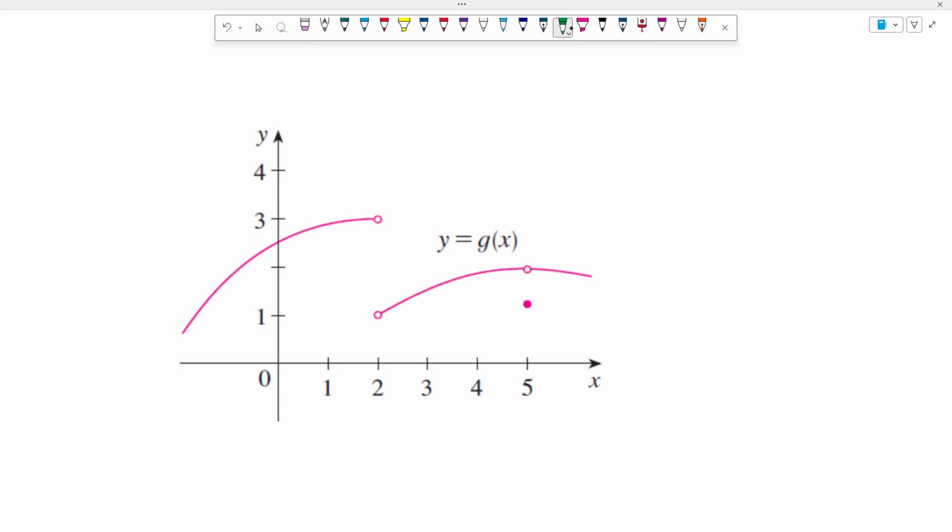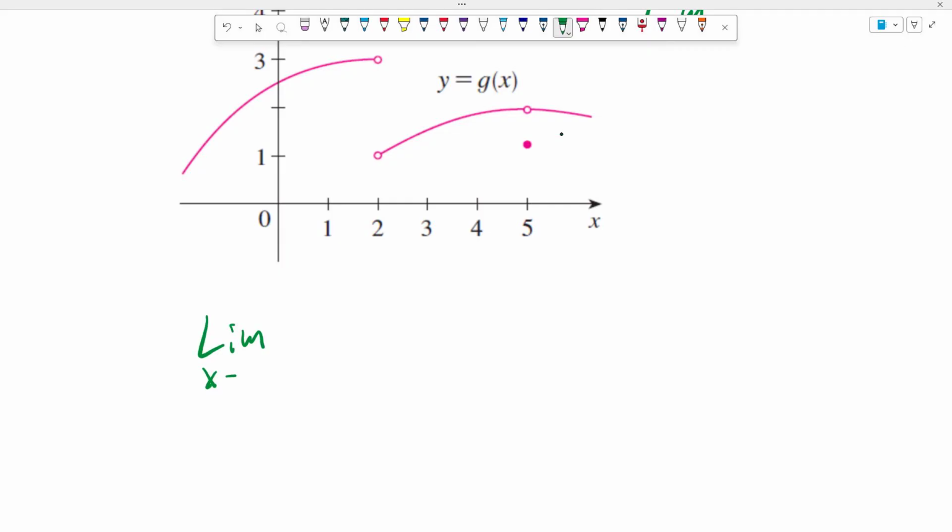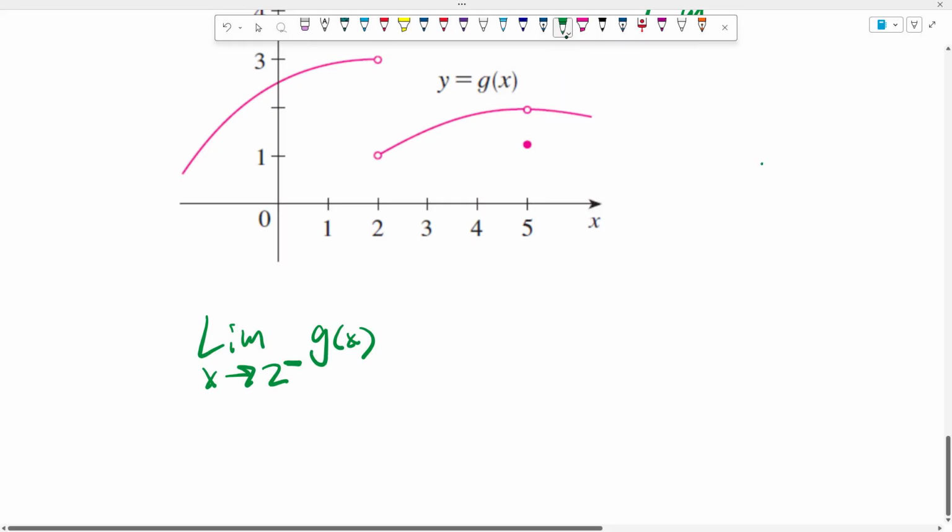All right, first question. Let me write down here: the limit as x approaches 2 from the left of g of x. As x gets closer and closer to 2 from the left, what is this getting closer and closer to? 3.